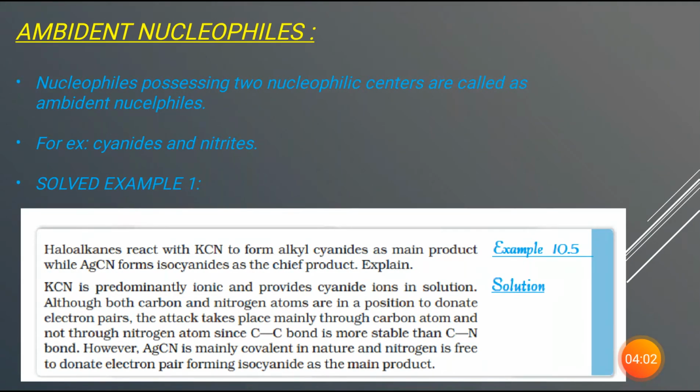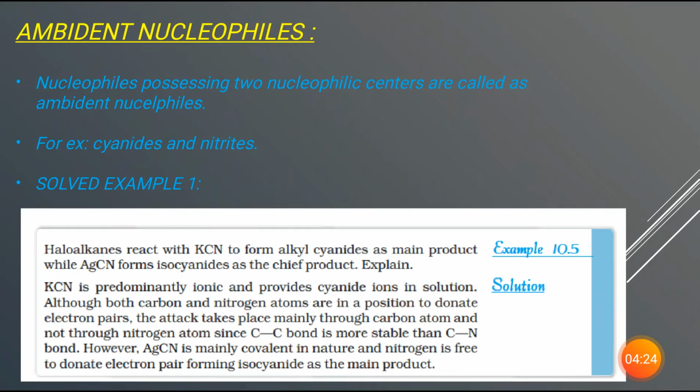Then what about AgCN? When you put AgCN in aqueous solution, the bond between Ag and C is a covalent bond. AgCN is mainly covalent in nature, and since carbon is involved in covalent bonding, carbon cannot donate electrons. So who comes to the rescue of carbon? It is nitrogen.